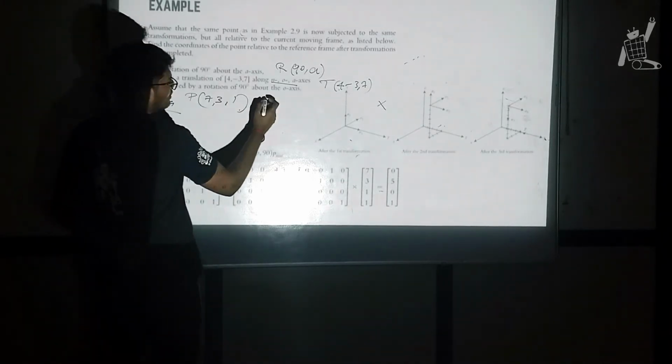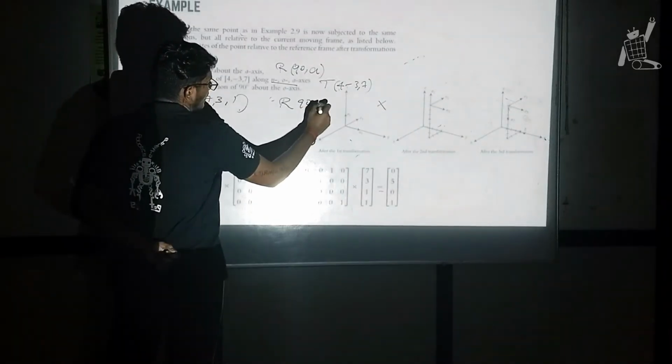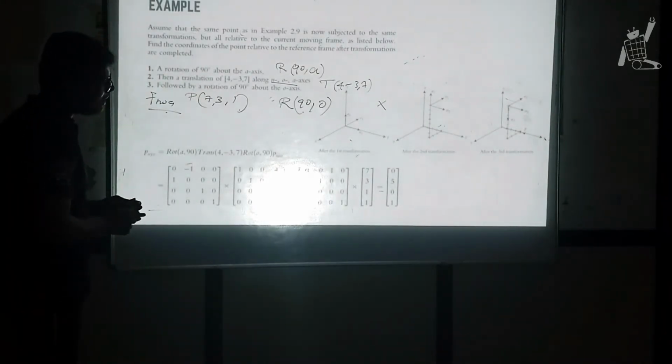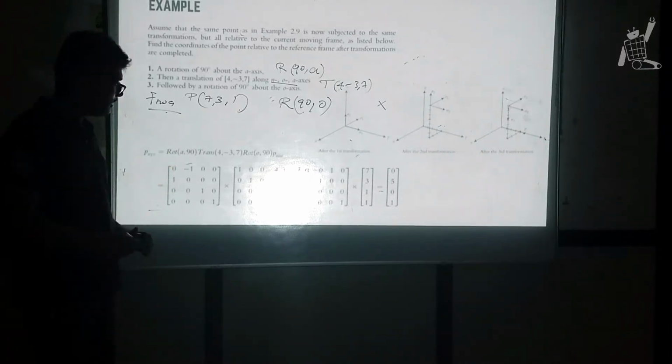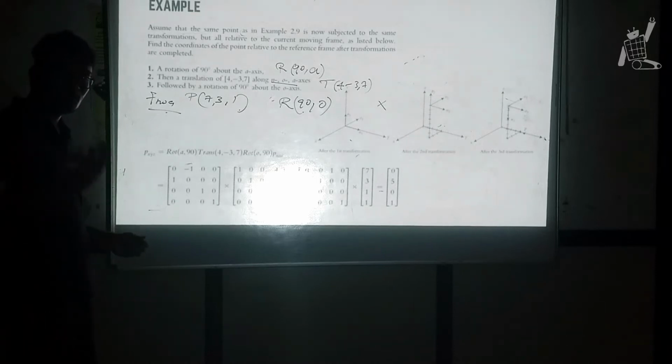And followed by rotation 90 degrees along the O axis. So if the rotation happens with respect to the moving frame itself, that means the NOA frame itself, we will post multiply everything. Instead of pre-multiplication, we will post multiply.